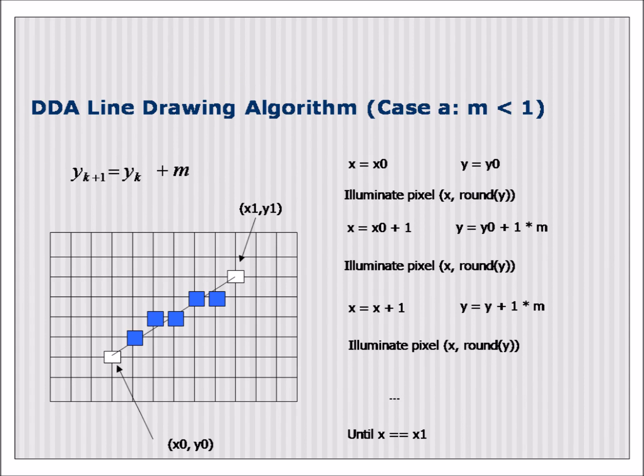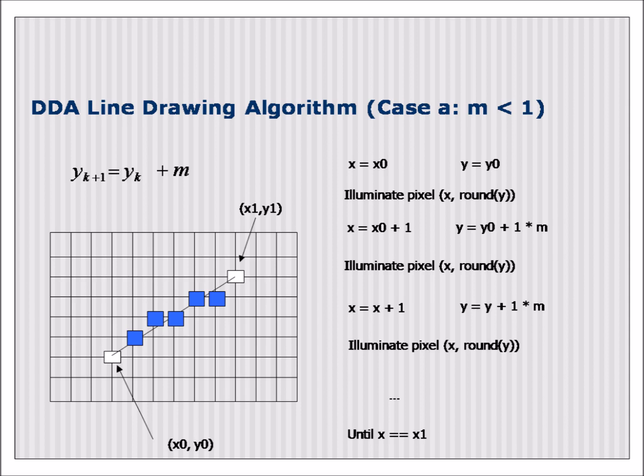pictorially on the slide. The starting point of the line, x0, y0, is assigned to x equal to x0 and y equal to y0, for calculating the values of x and y in order to determine which intermediate pixels become on so as to complete the sloping line.